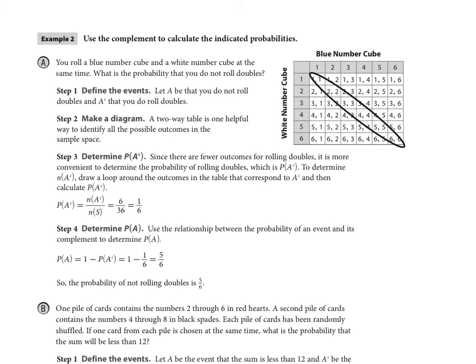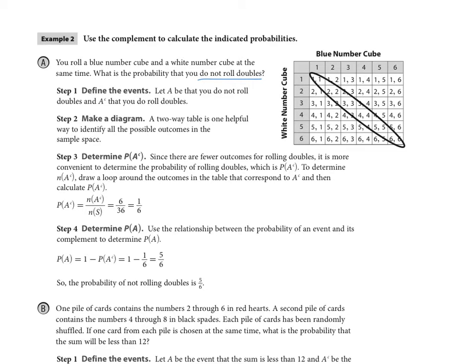Well, if we're looking at this sample space, not rolling doubles is a lot of different values to calculate. So as you can see, they've given us an oval down the diagonal circling the values where we do roll doubles, and then using the idea of complement to calculate the other probability of not rolling doubles.